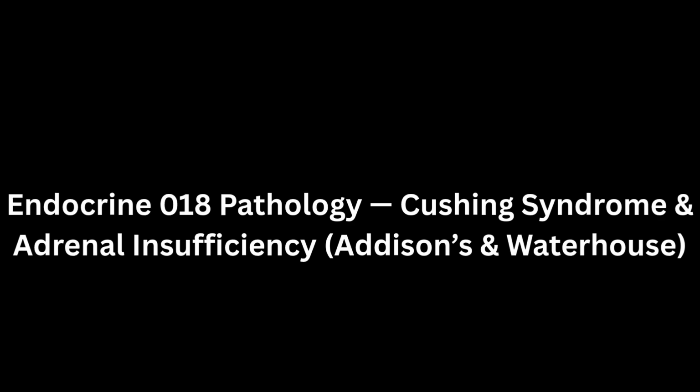But then what happens when I just completely abruptly stop my exogenous glucocorticoid usage? Well, I don't give my body time to build back my adrenal glands in order to produce normal amounts of cortisol. So when I stop abruptly all that exogenous glucocorticoids, then there's no more glucocorticoids to be had, right? Because I already have atrophied glands and I can't build back up.